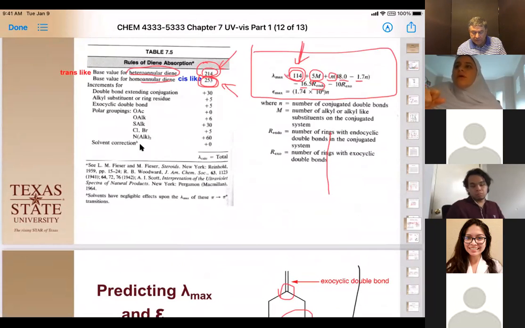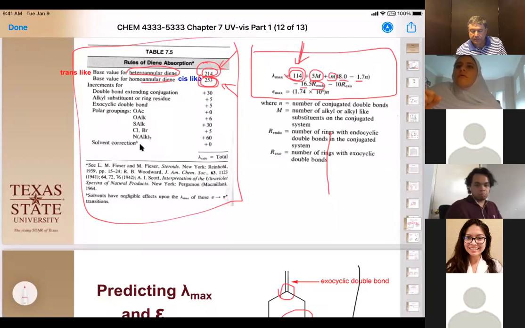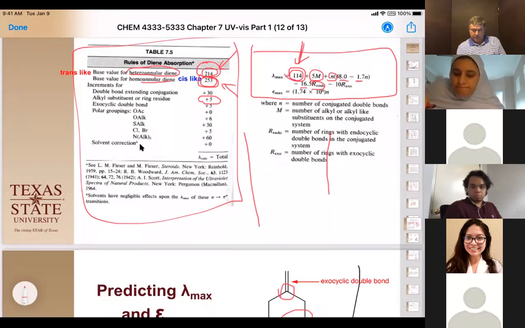Okay, yeah, we're using these, sorry. This is for rings, because we have the double bond. This is for the 5s for the number of things you have, and then the exocyclic double bond was the other 5.